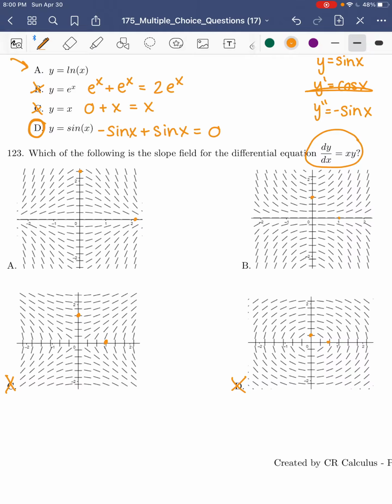Let's say I plugged in the point 1, 1. 1 times 1 is a positive 1, so I should have a positive slope at 1, 1. Notice on A, that's a negative slope, so it can't be A. Let's check this one. 1, 1 is a positive slope. So B is our answer.